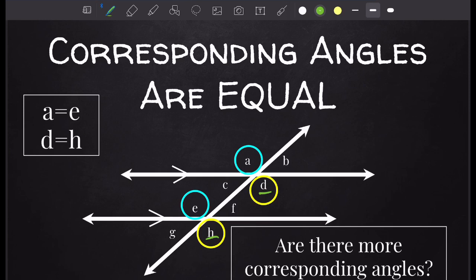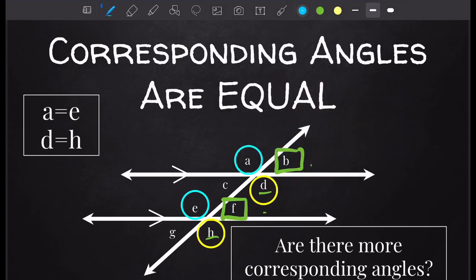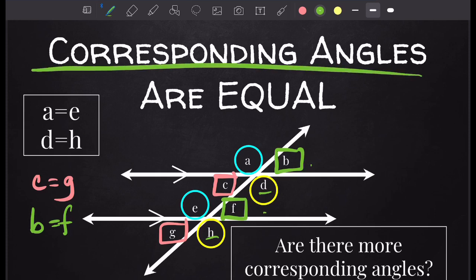Okay, let's look at B and F. They are in the same spot. And the last one is what? Let's choose another color. C and G. Okay? So C is equal to G. B is equal to F because they are all corresponding angles. They are in the same location.